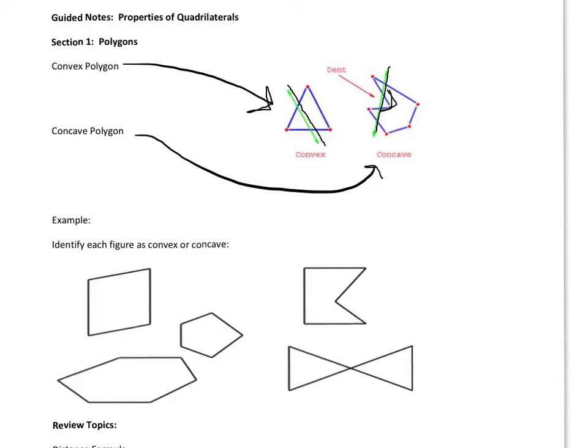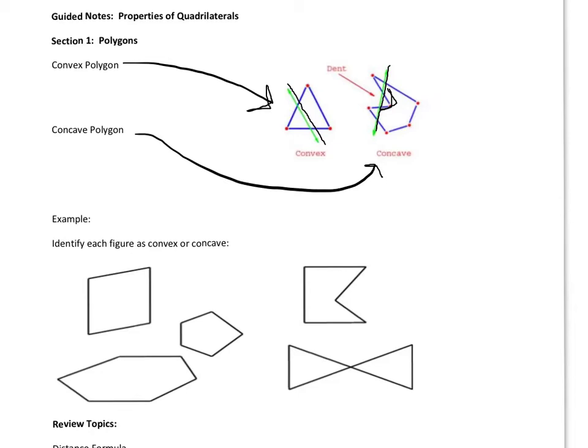So when we're talking about convex polygons, that's when we can use the interior angle sum theorem, the exterior angle sum theorem, and things like that. Concave is when it has that dent, or that little cave, and those things don't work. So it's just another way to name a polygon.